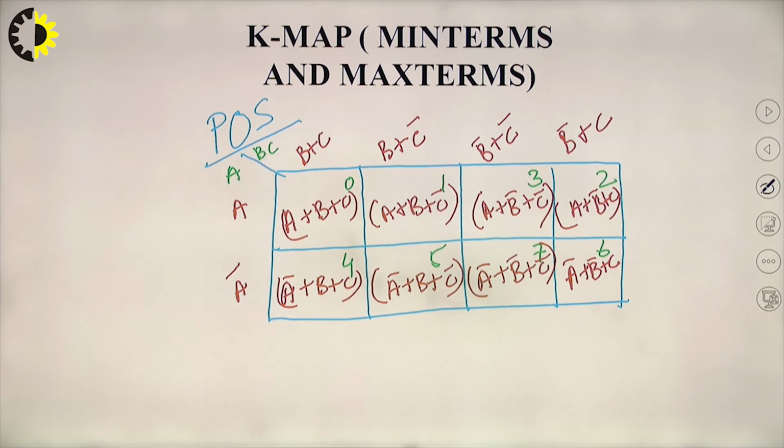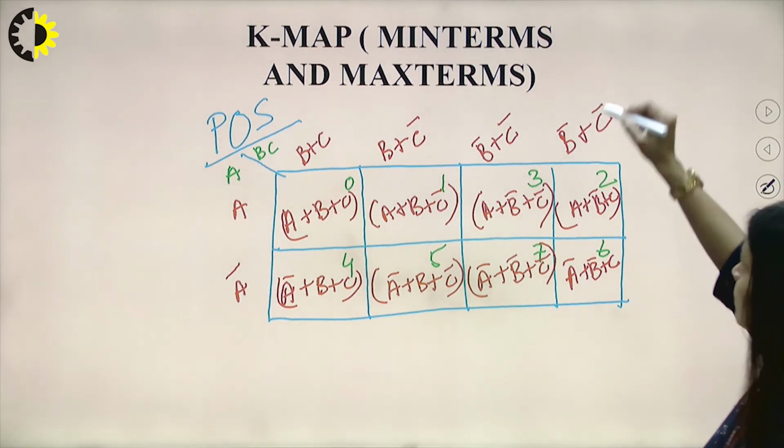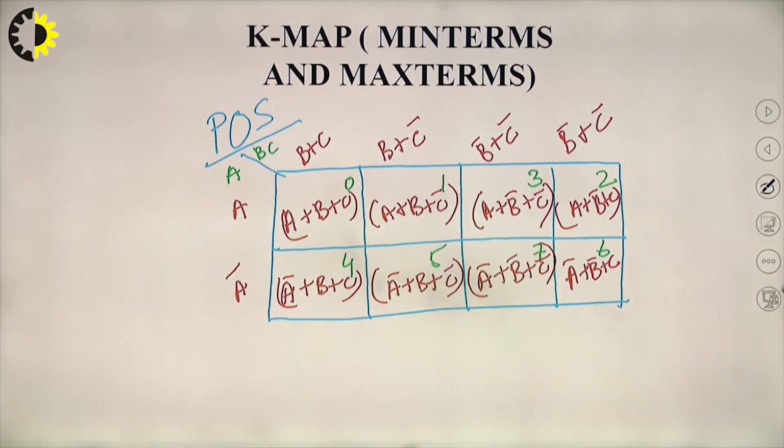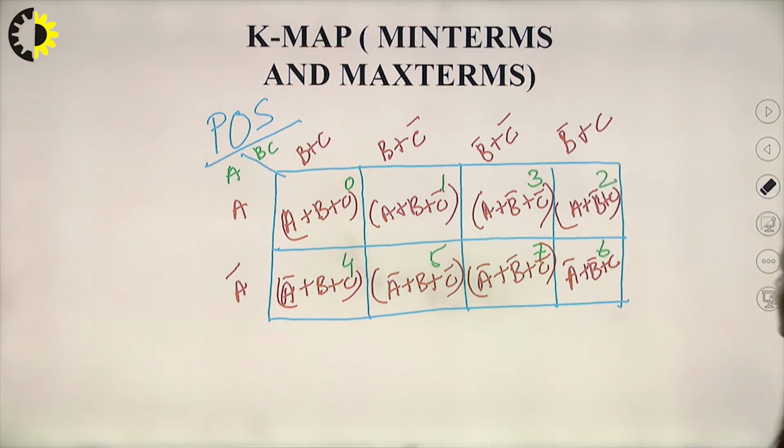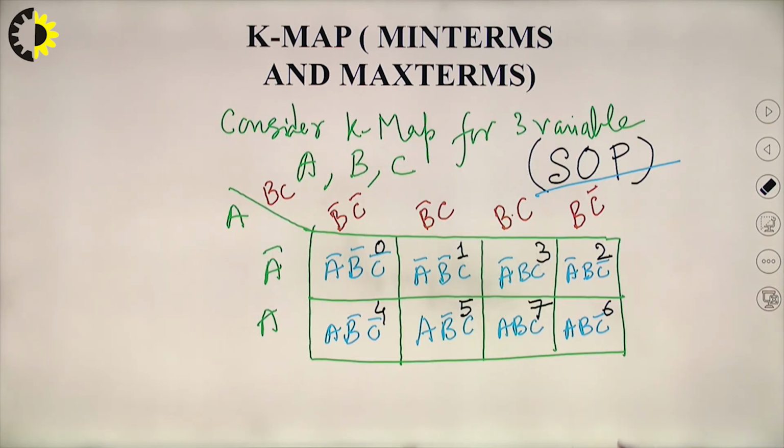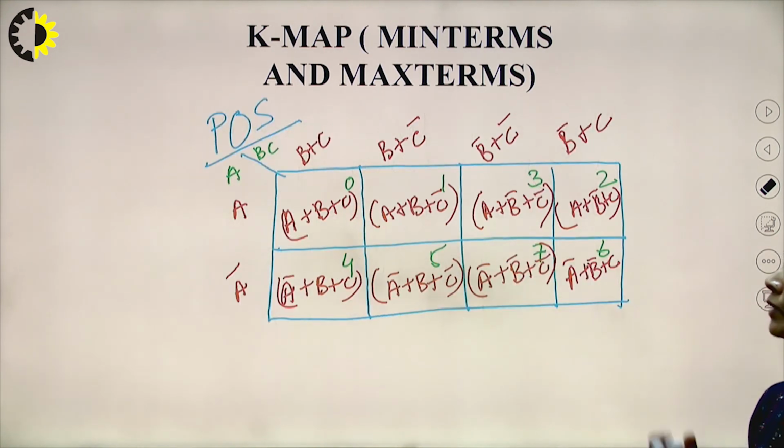Like this we can write the expressions. So this is the POS representation and the numbering of the blocks. So this is a 3 variable K-map for the SOP form and the POS form.